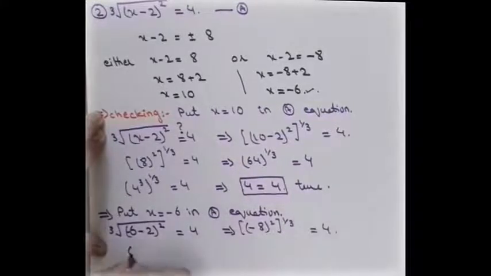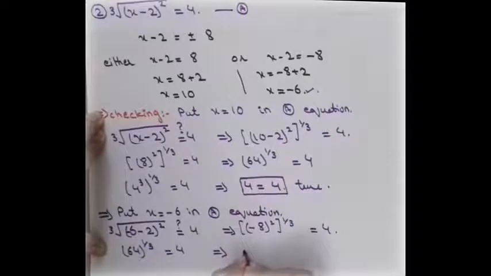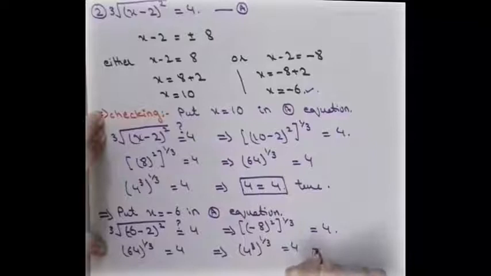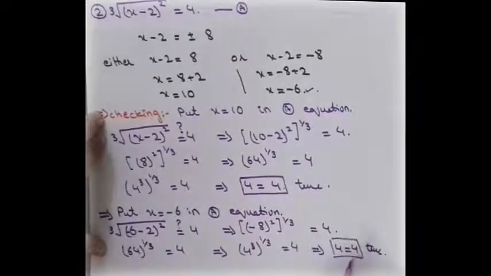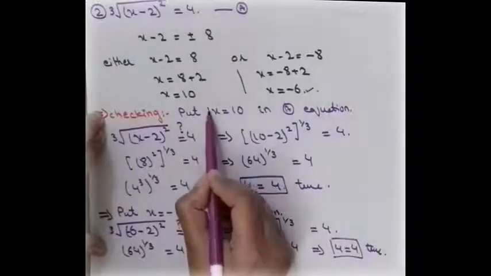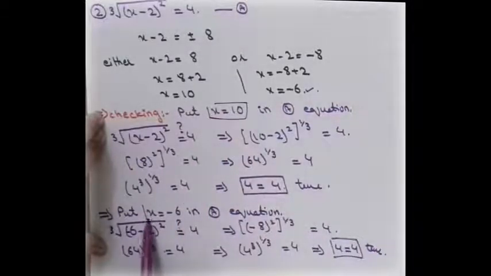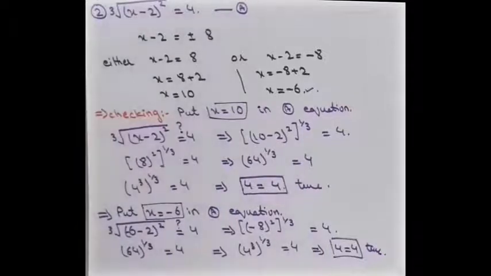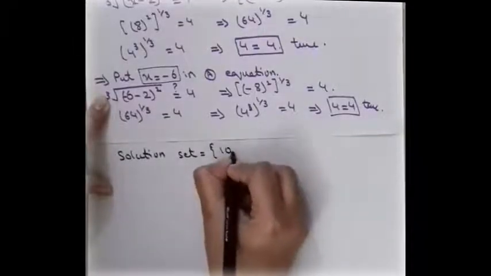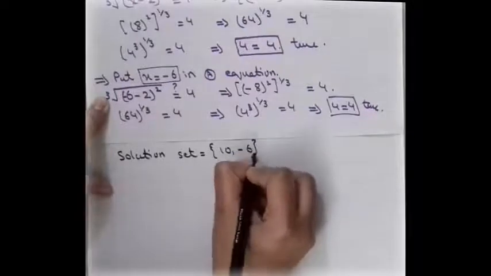Here the square is 64, 1 over cube which is equal to 4, and basically we can write this as 4 cube 1 over cube which is equal to 4, and this implies that 4 is equal to 4. So equality holds, so both x is equal to 10 and x is equal to minus 6 are solutions of the original equation. Here there is no extraneous root. The solution set is 10 and minus 6.